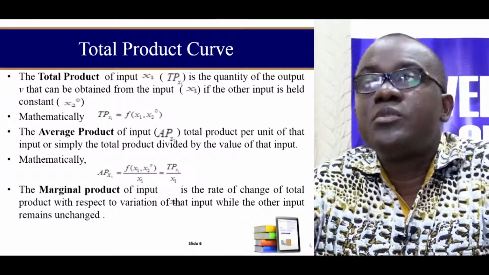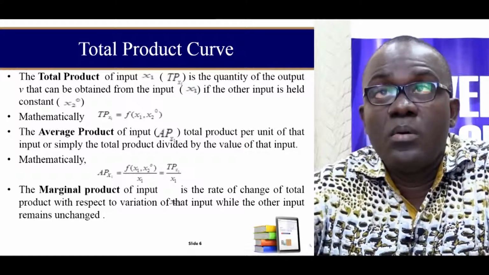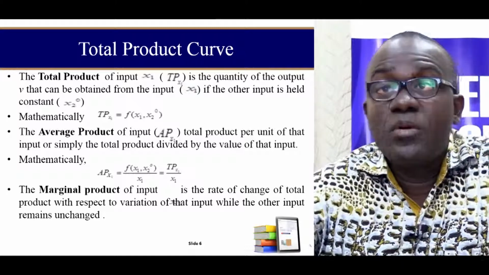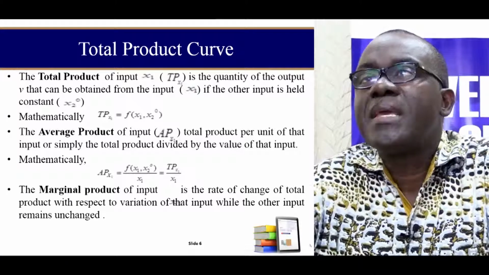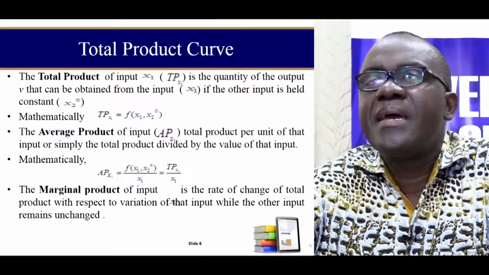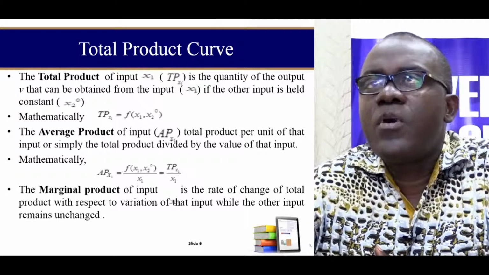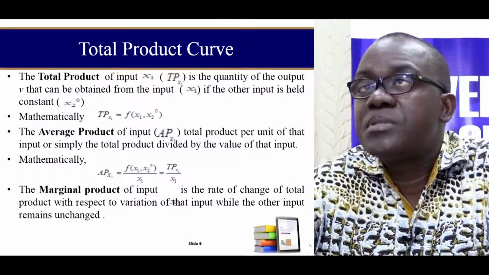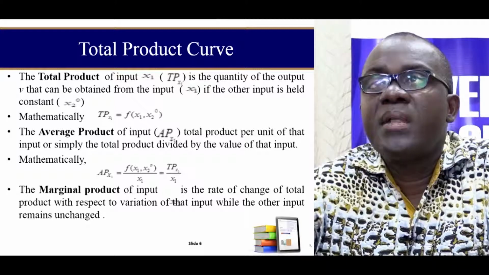What we need to do is to know the total product, average product, and the marginal product of an input, and then know the relationship between them. The total product of an input, let's say x1, is the quantity of the output that can be obtained from the input if the other input is held constant.